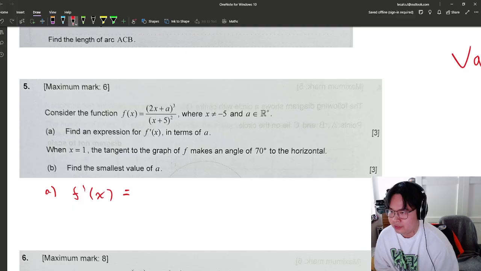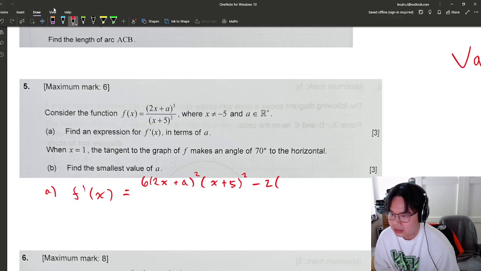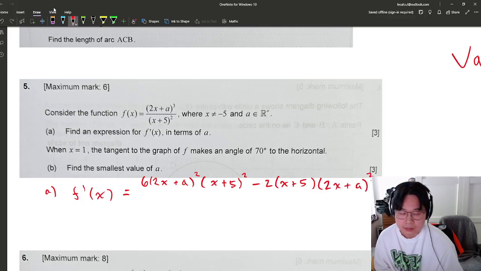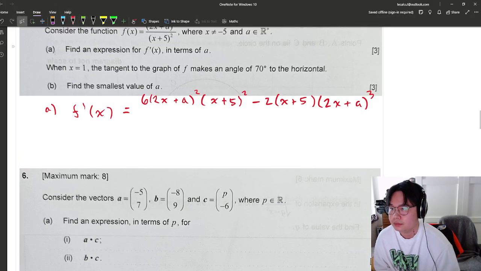Okay, so take the derivative of the top. So that's 3, 2x plus a, 2 chain rule, so this is 6 times x plus 5 squared, minus 2 times x plus 5, that's the derivative of the bottom, times the top, over the bottom squared.